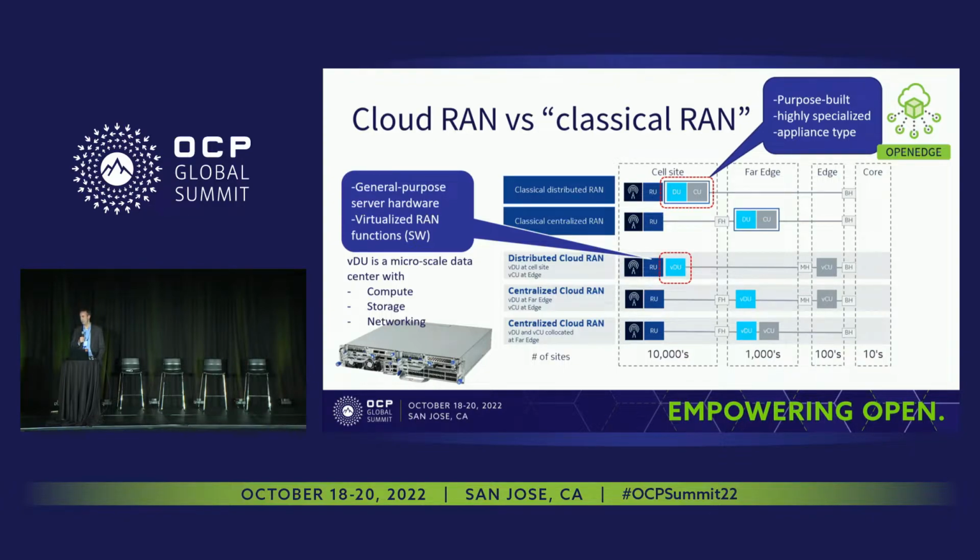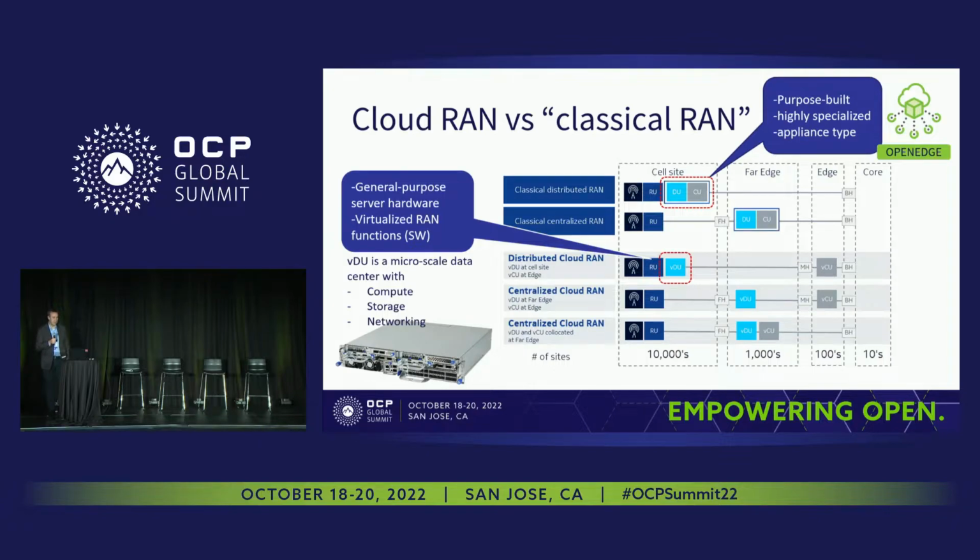But then the vCU could actually be located quite far away from the vDU in an edge data center. That could be the same small data center where you would also locate the packet core functions, or of course, for example, the 5G UPF function.